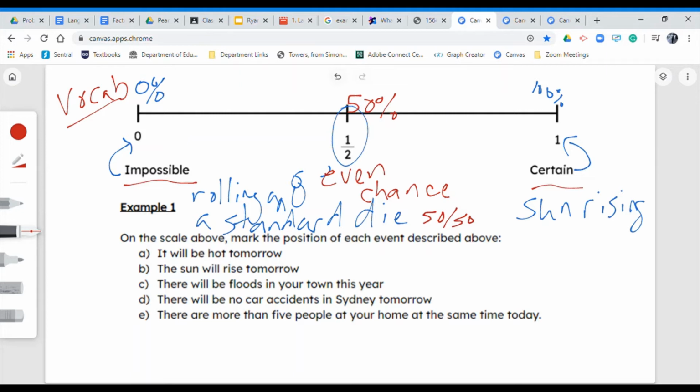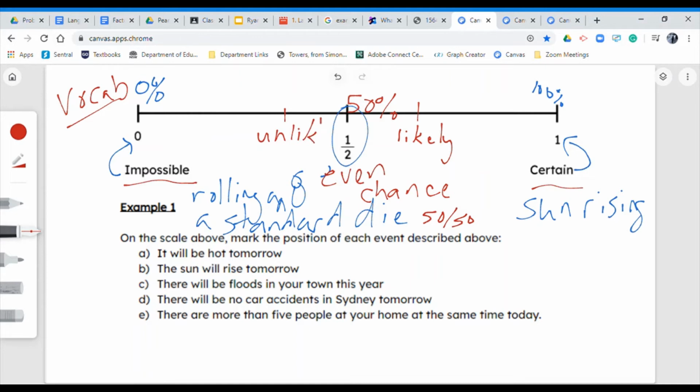We can further break up our line when we talk about probability. We can use the term likely. Something that's likely to happen is better than a 50-50 or even chance, but it's not certain. The opposite of that, something that would be less than even but greater than impossible, would be something that is unlikely.